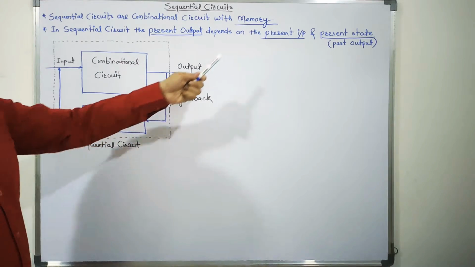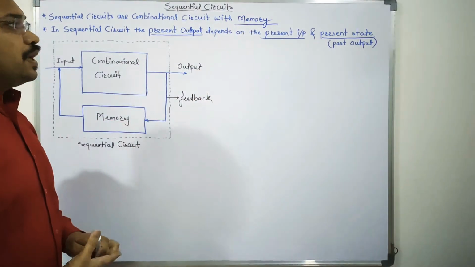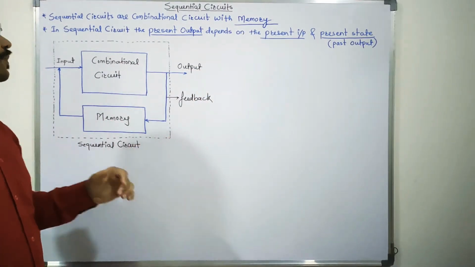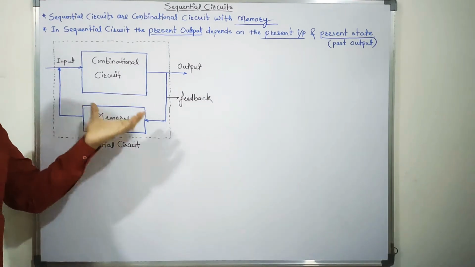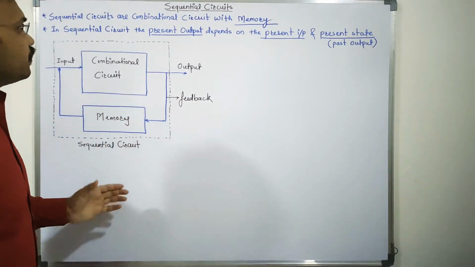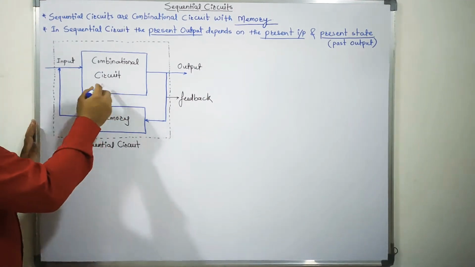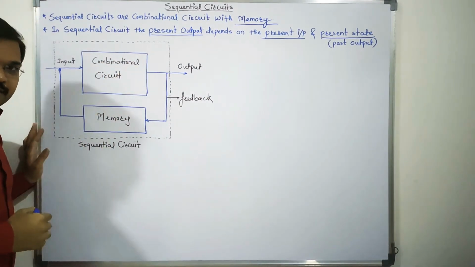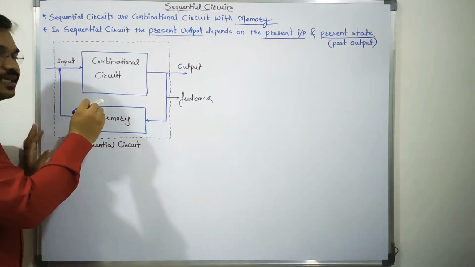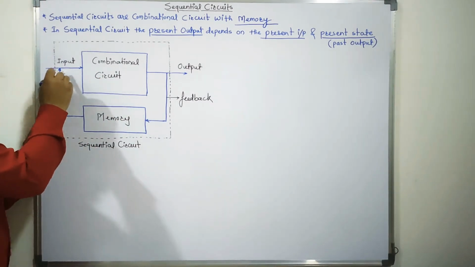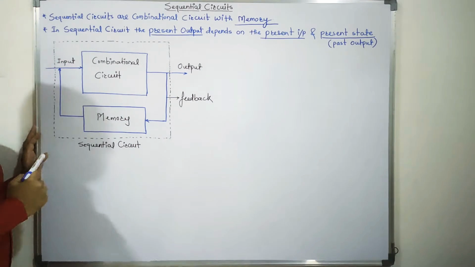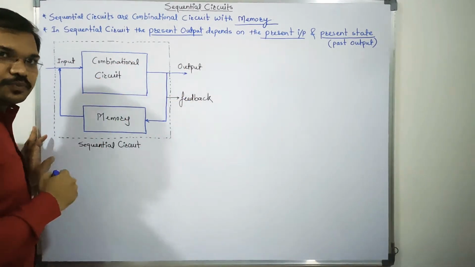In this case, first we will discuss memory. What exactly is a memory element? This is the block diagram of your sequential circuit. If you observe, this is your main combinational circuit. The input is your present input, and next is your output.